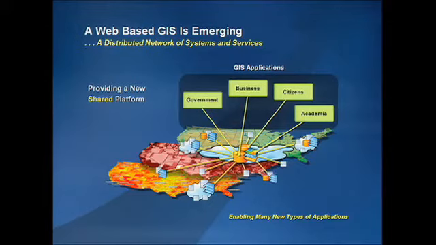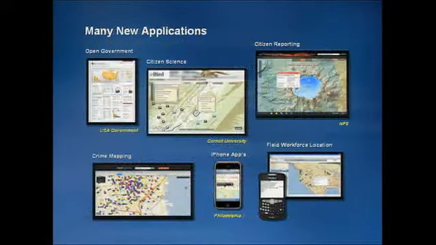And we occasionally see mashups on this and that. But what I'm talking about is a new infrastructure where apps can be built in government and business on top of that distributed environment. And there are lots of applications showing up, things like open government or transparency, citizen science, citizen reporting and engagement, and crime mapping.